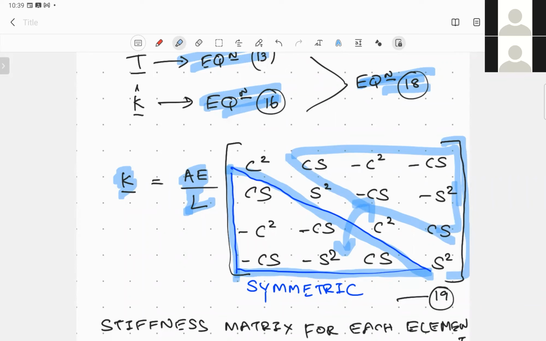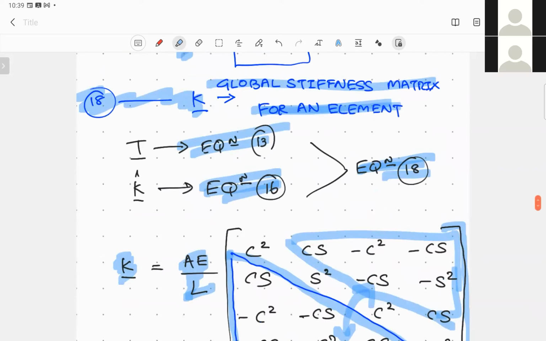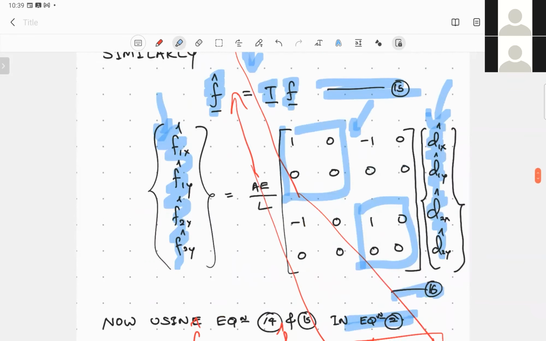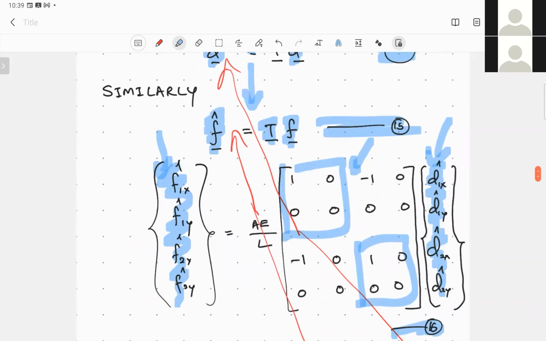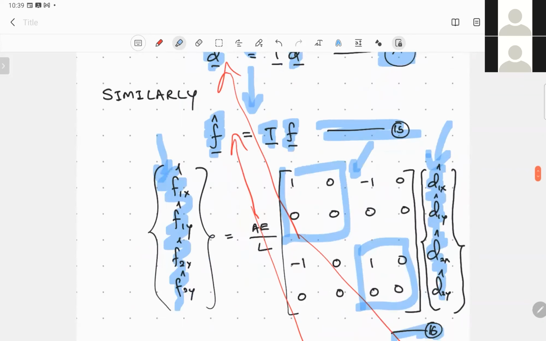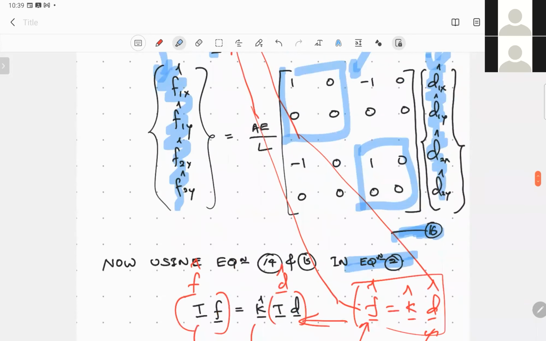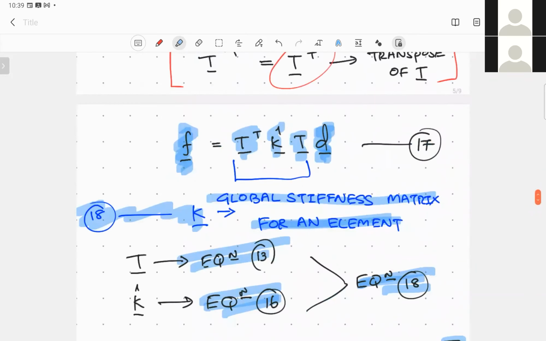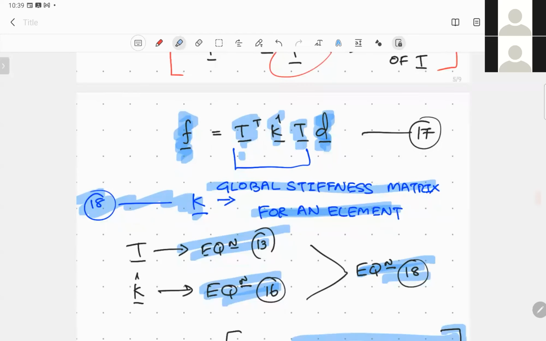You can use equations 13 and 16 in equation number 18 here, substitute and check, to obtain this equation.